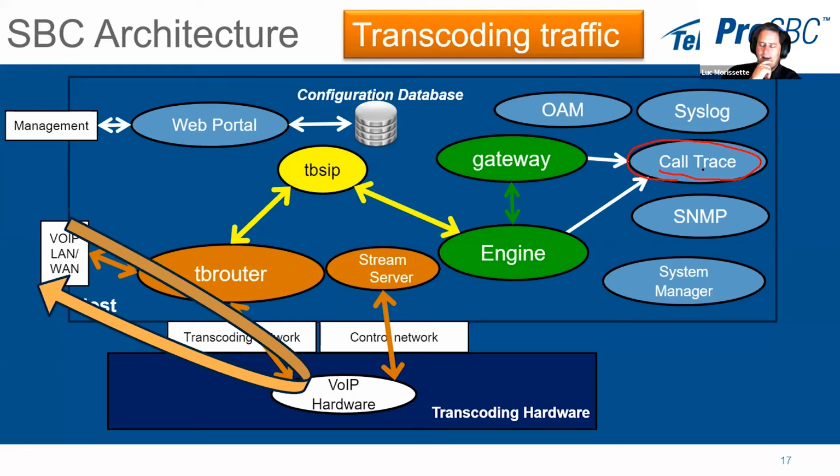It's configurable: by default it's 10,000, but you can go to 50,000 or 100,000 last calls displayed in the call trace. We also store it on the file system. The call trace information is stored on the file system compressed, so that it doesn't take a lot of space on the system.